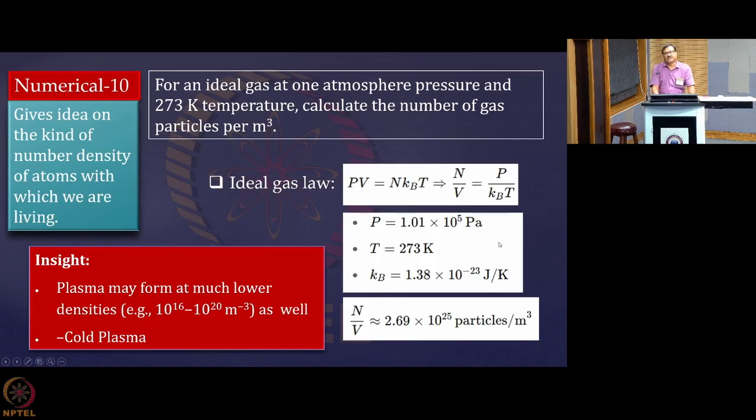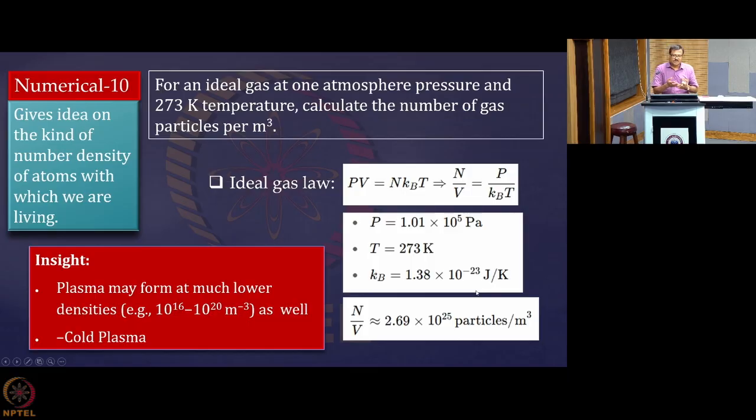You know that P is equal to 10 to the power 5 Newton per meter square, T is 273 degree Kelvin, as we have been told here, and k is the Boltzmann constant, which we all know is 1.38 times 10 to the minus 23 joule per Kelvin.